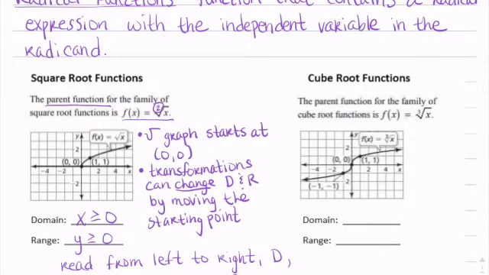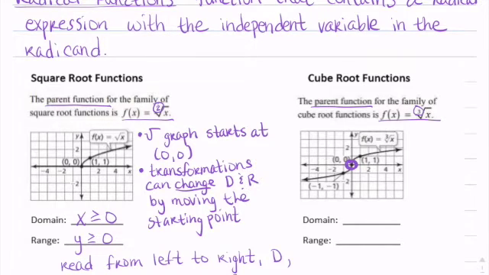Now, let's look at a cube root parent function. The cube root parent function is the cube root of x. How do we know it's a cube root? It's got a 3 here as the floating number in front of x. Remember, that's called the index. Now, if we move this parent function up, down, left, or right, this center point here at 0, 0 is going to move.